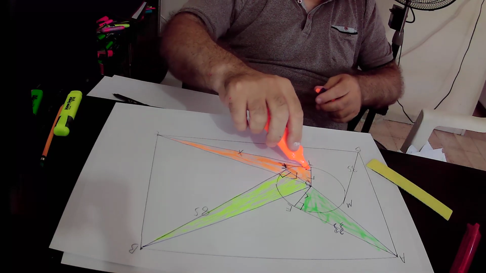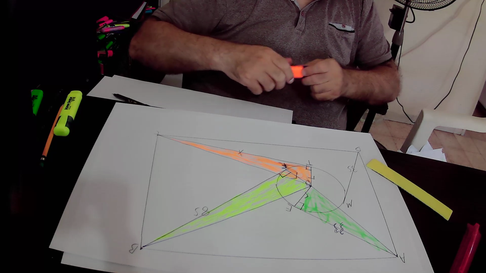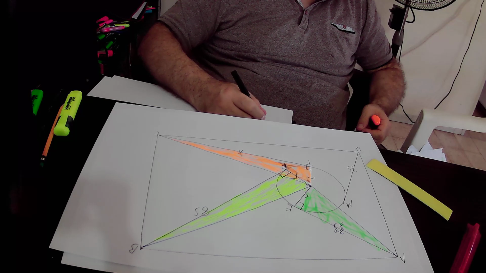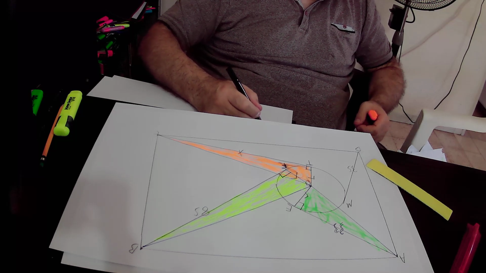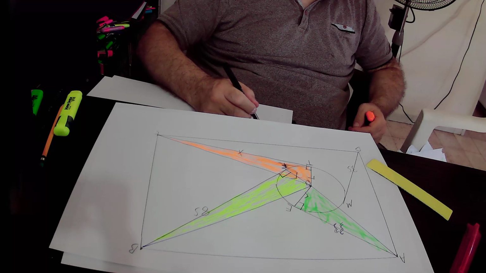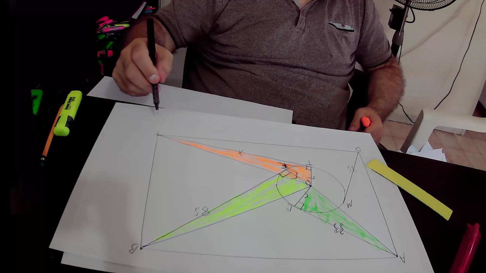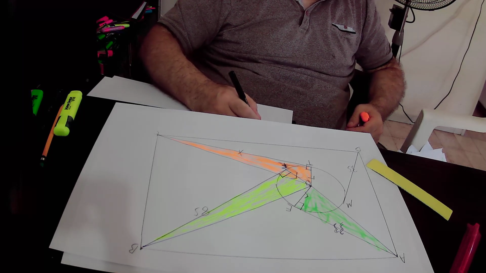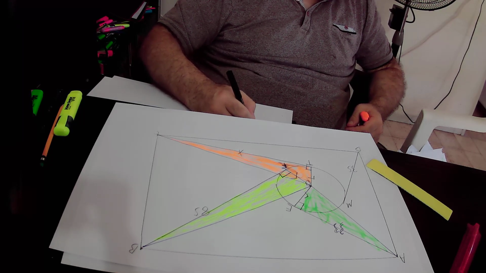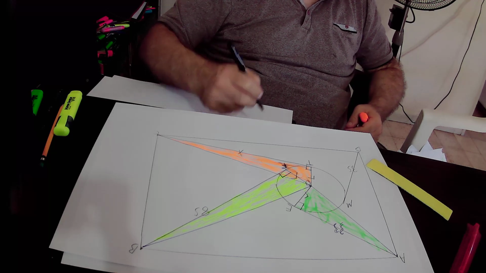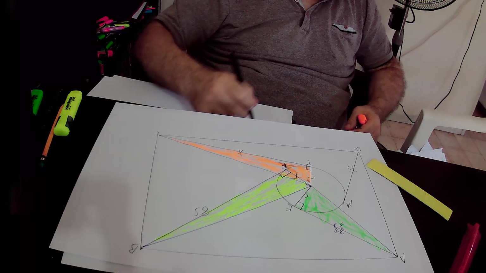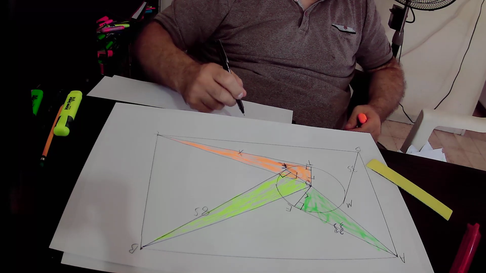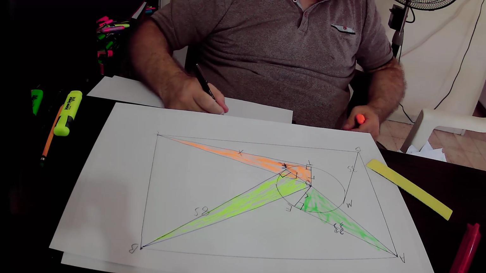According to the Pythagoras theorem, in the orange triangle OTC, CT squared equals OT squared plus OC squared.